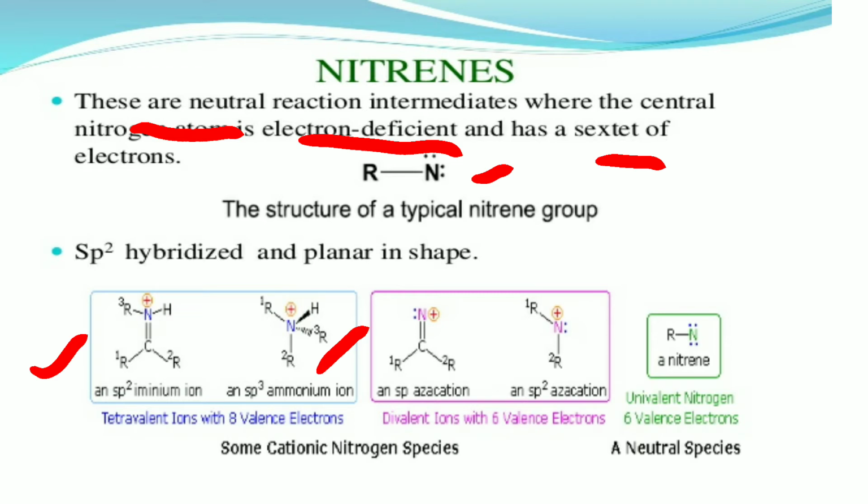Another structure is the divalent ion with 6 valence electrons. First there is an sp aza cation, and the next structure is also divalent, an sp2 aza cation. And here this is the univalent nitrogen containing 6 valence electrons, that is RN. This is a neutral species.